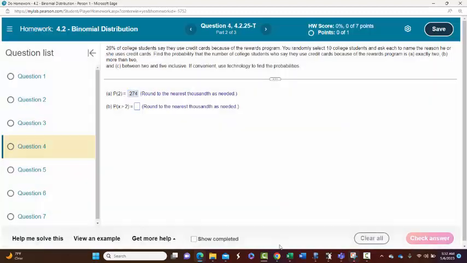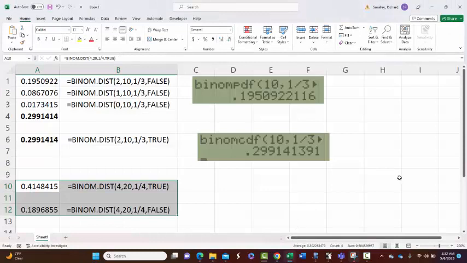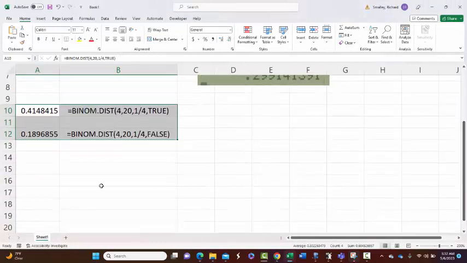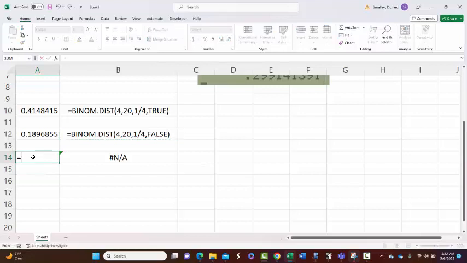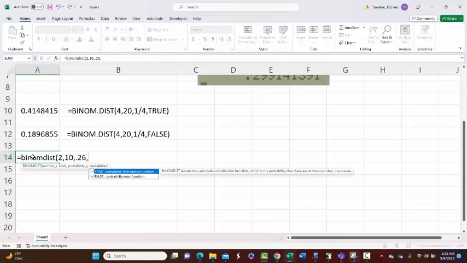Got it. Now do Excel real quick. It's going to be equals binom dist, and number of successes is 2, 10 trials, 0.26, False.